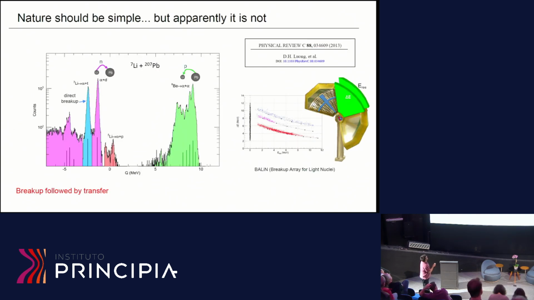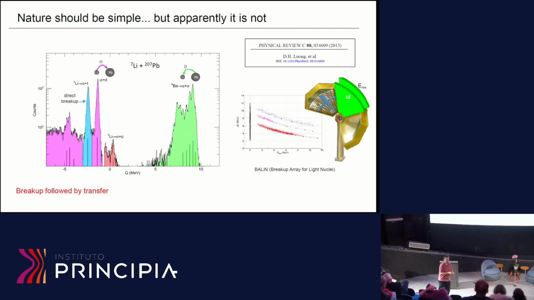And then many years later, they decided to build this very nice setup just to measure these two particles in coincidence. And then they made an experiment. They shoot lithium-7 on lead-207. They also did it with lead-208 and many other targets. They were expecting to see alpha plus triton in coincidence.